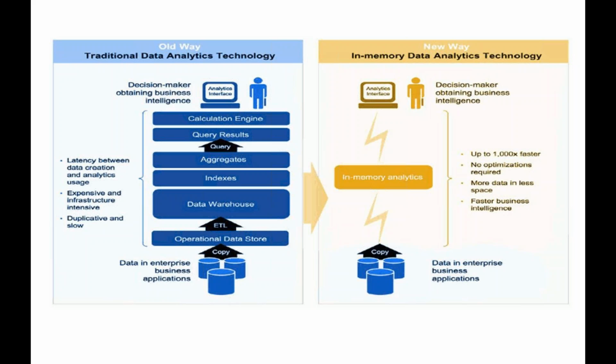Then we extract, transform and load the data from ODS to your data warehousing system, for example SAP BW. On top of the data I'm going to create indexes. The indexes provide you performance tuning options to improve your query search capabilities. Then on top of this I'm going to create aggregates on my data, which is nothing but summarization of your data.